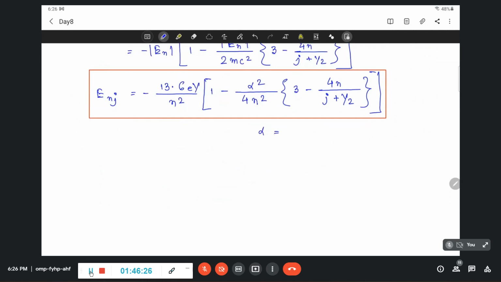Alpha is nothing but the fine structure constant. So what is this value? H cut c or something like that. I have to write it from my notes. So what is the fine structure constant? Do you know? What is the expression for alpha? E squared by something, right?